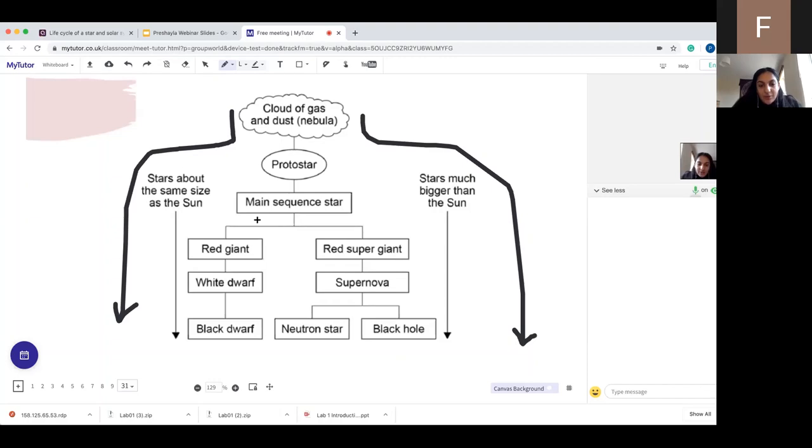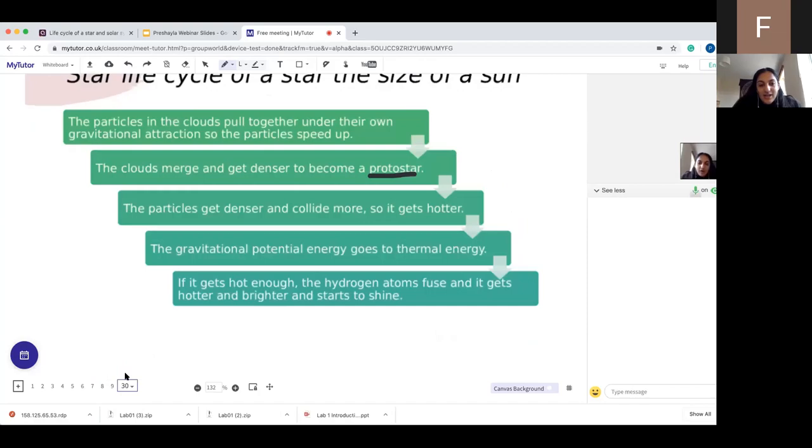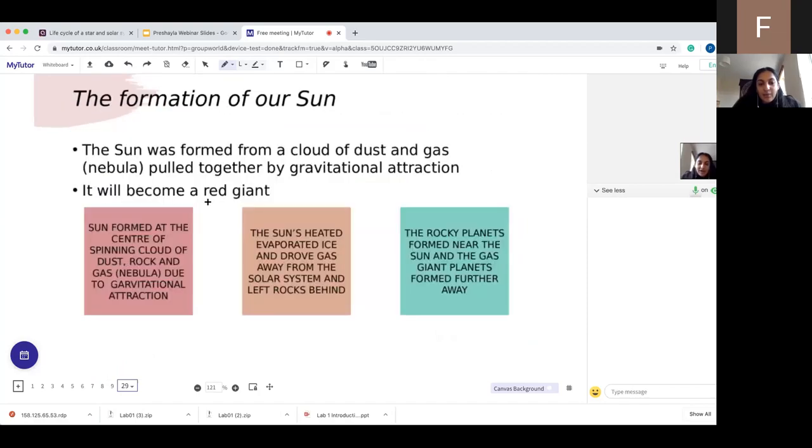Then it becomes what we call a main sequence star. And if it's the same size as the sun, it's a red giant, a white dwarf, then a black dwarf. If it's a bit bigger than the sun, it's a red supergiant, a supernova. And then after it's a supernova, it kind of collapses in on itself and either becomes a neutron star or a black hole. Okay, so right now our sun is a yellow dwarf and it will become a red giant.